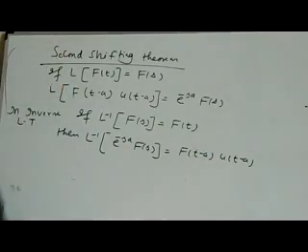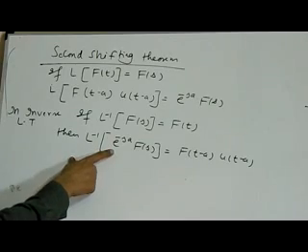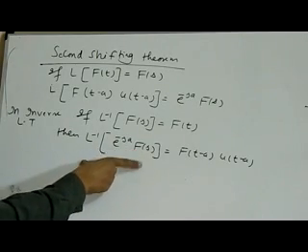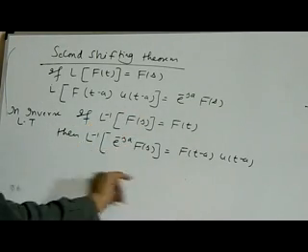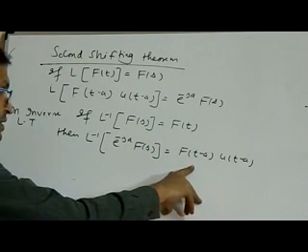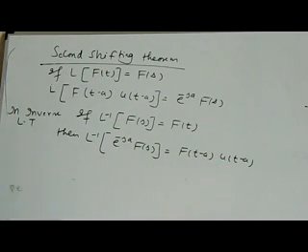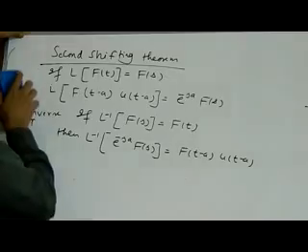It is like that. So it means that if you want to find the inverse transformation of an exponential function times F(s), whose inverse transformation is known to us, then it will be simply f(t minus a) into u(t minus a). So now I am going to apply this result to find the inverse transformation of certain functions. So now let us understand the concept.